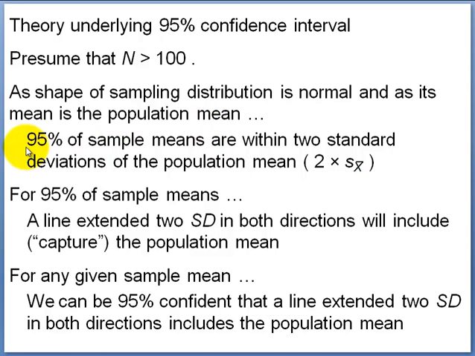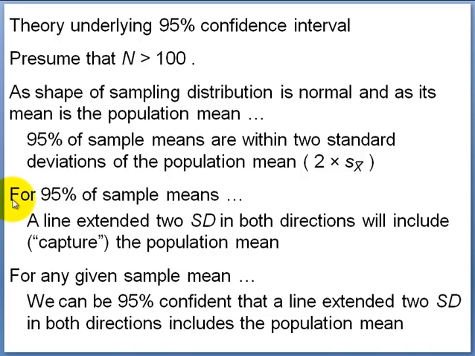Reasoning from these 2 points, we can determine that 95% of the sample means in our sampling distribution will be located within 2 standard deviations of the population mean. And we're going to be using in our formulas this estimate of the standard deviation.